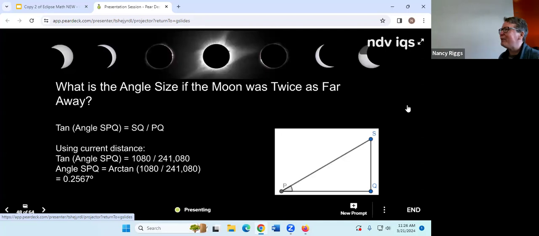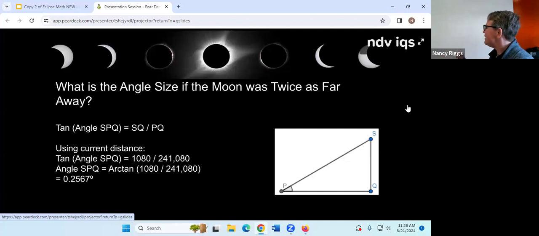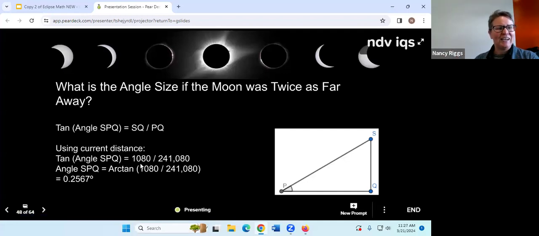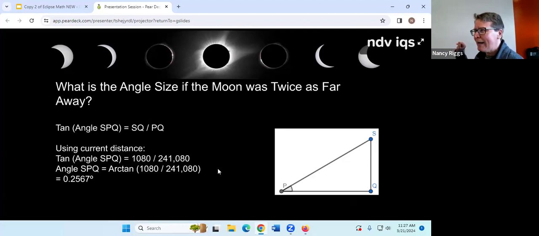So let's try putting in our calculations. Now, again, this is using the actual distance first. So again, there is my moon radius, and again, this is the current distance. So I took the arctangent of that. Now, if you get a different number, that's probably because you're in radian mode.